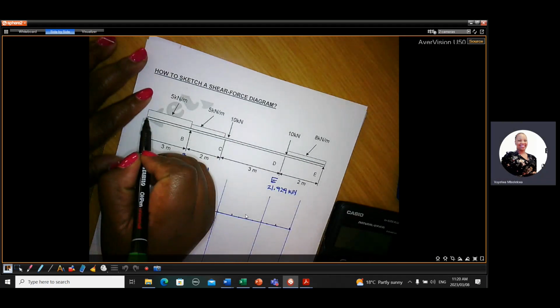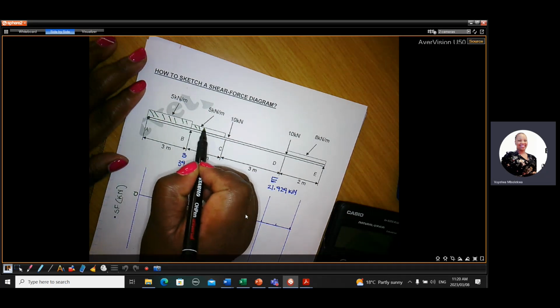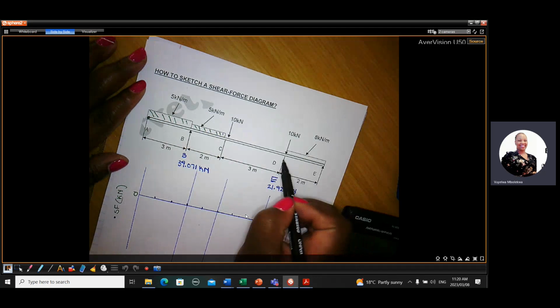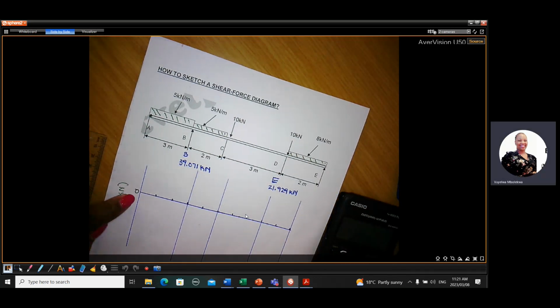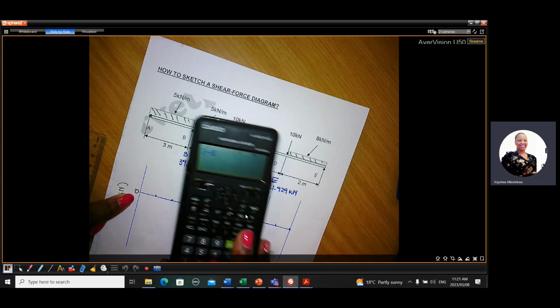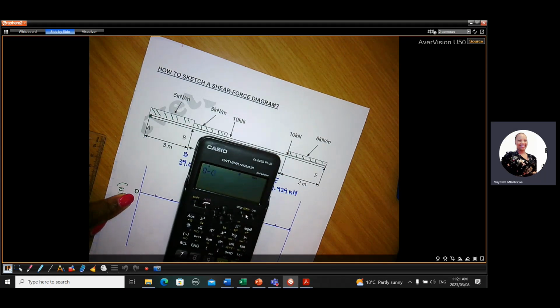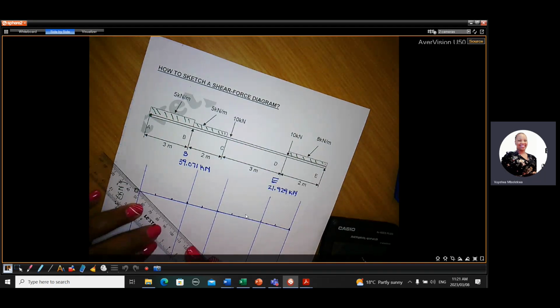Immediately at this point, we have a UDL of 5 kilonewtons and it's covering 3 meters. So we start from 0. Because it's a UDL, we subtract. UDL is always negative. It's facing down. UDL of 5 times 3 takes us to minus 15.